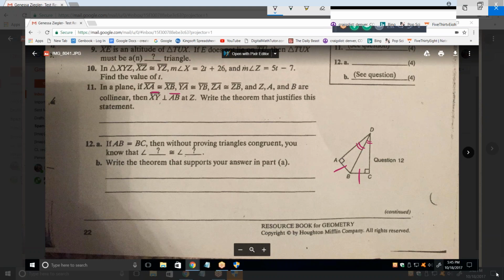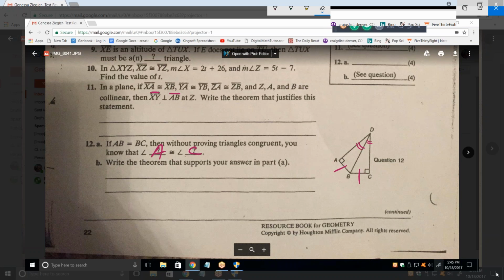Maybe they just don't want us to do the proof. Without proving the triangles are congruent, you know that angle what is equal to angle what? Well, I guess angle A is equal to angle C. We don't need to prove congruency because they're both shown as 90 degrees. So that's the only answer I can think they're thinking of.